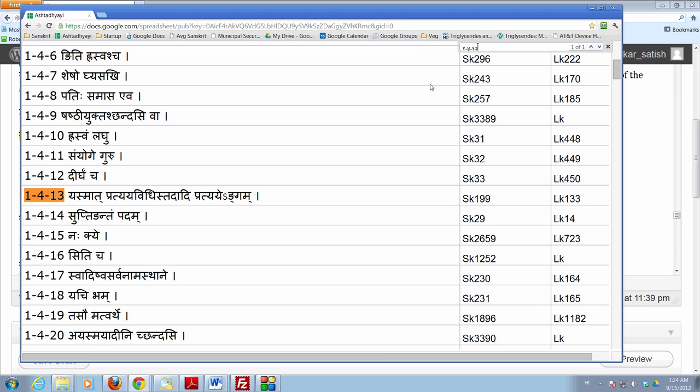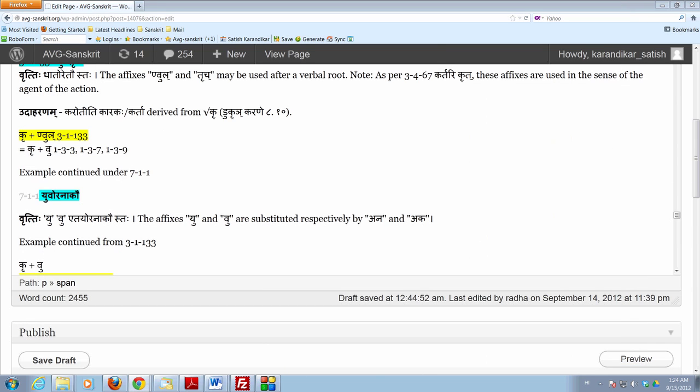So it's not a yu or vu anywhere, but a yu or vu which is in the pratyaya that takes the substitution of ana or aka respectively, because of the angasya adhikaraha. We are talking about substitution of ana and aka respectively in place of yu or vu of a pratyaya.